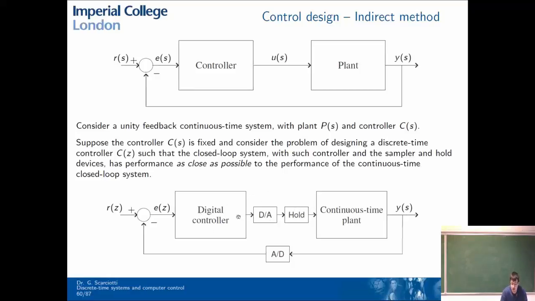And you want to preserve the properties that you have designed in continuous time. So if your continuous time controller makes the closed loop system asymptotically stable, you want that when you discretize this controller and connect it with a hold, the interconnection of this plant and this controller is still asymptotically stable, okay?